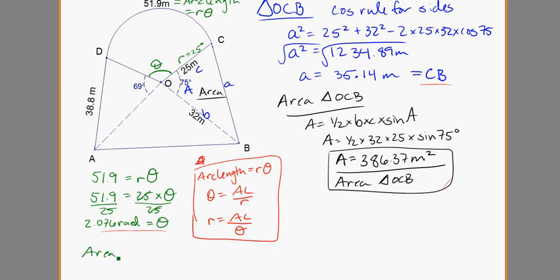Area of sector OCD is the sector that we're looking at. The area formula for the sector is 1/2 times the radius squared times theta. So we'll just plug that in: 1/2 times the radius, which was 25 meters, squared, times theta.